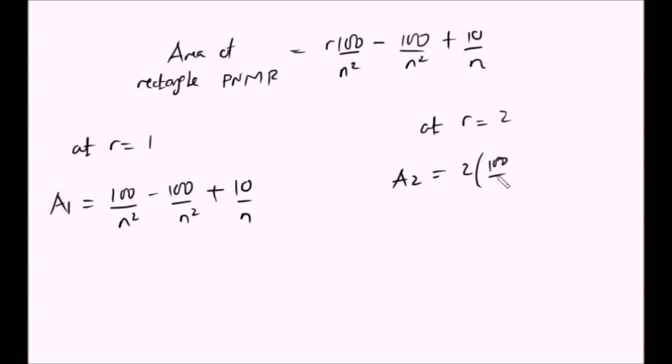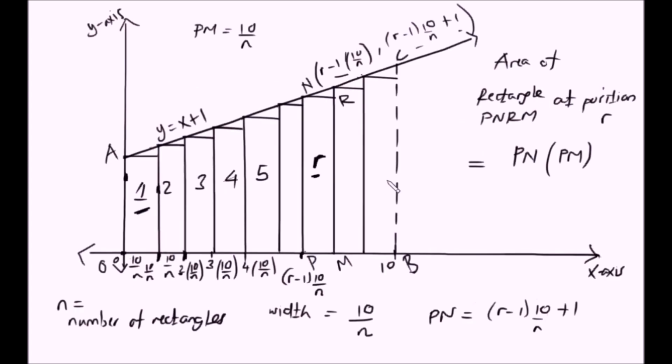So here I put R as 2, minus 100 over n squared plus 10 over n. So this now is the area of this second rectangle here. So you can see why I decided to choose an unknown: so that I can get a formula to help me know the area of all the rectangles easily. So if I put R equal to 3, it will be the area of this third rectangle here.